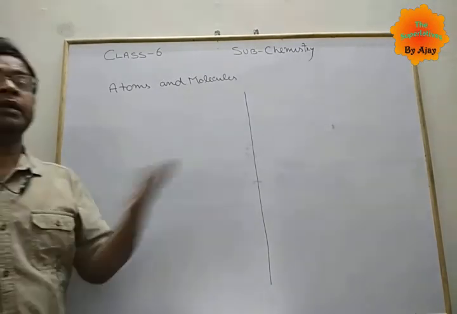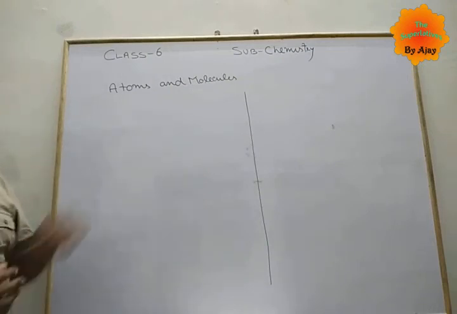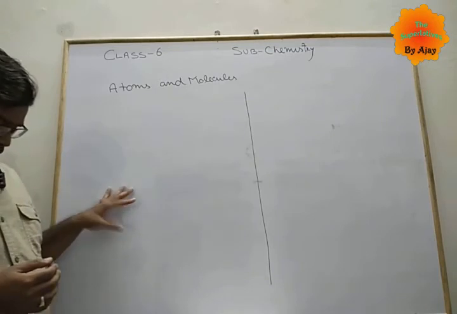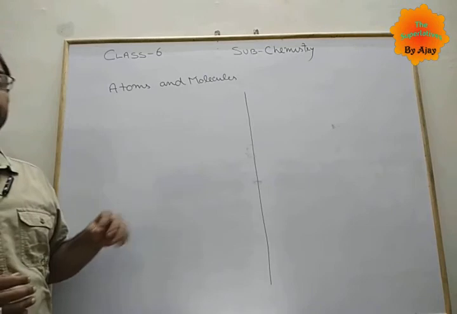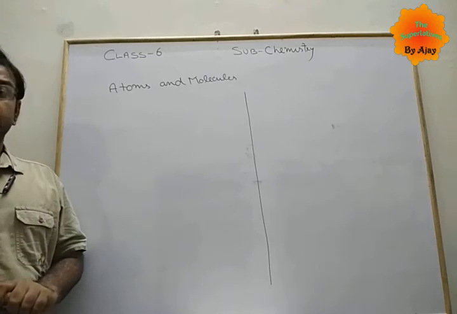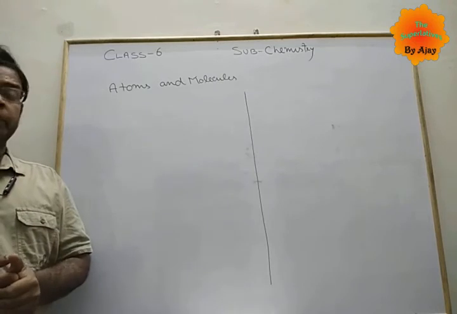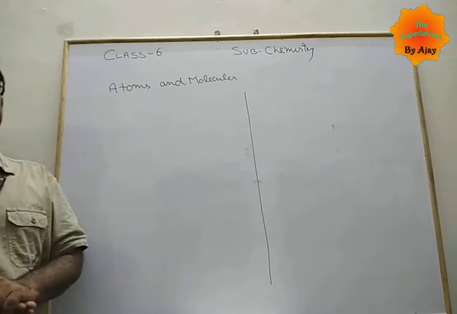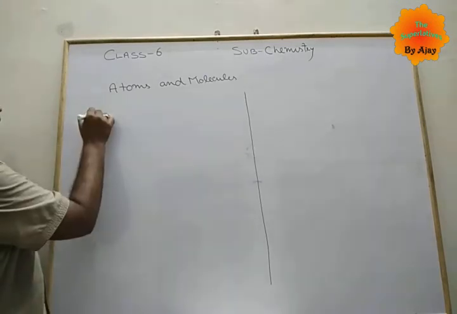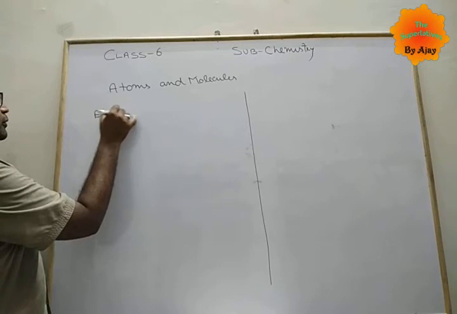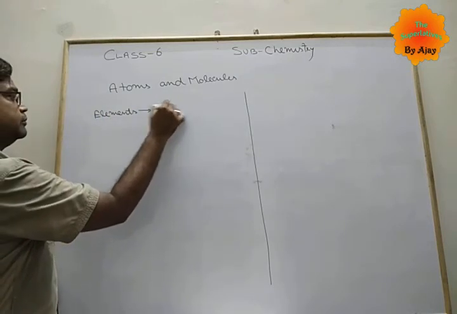Suppose we are dividing an element like gold or silver or iron. We reach a point that we are unable to divide that matter, that element, further. That smallest part is known as your atom, because in case of an element, the smallest part is your atom.